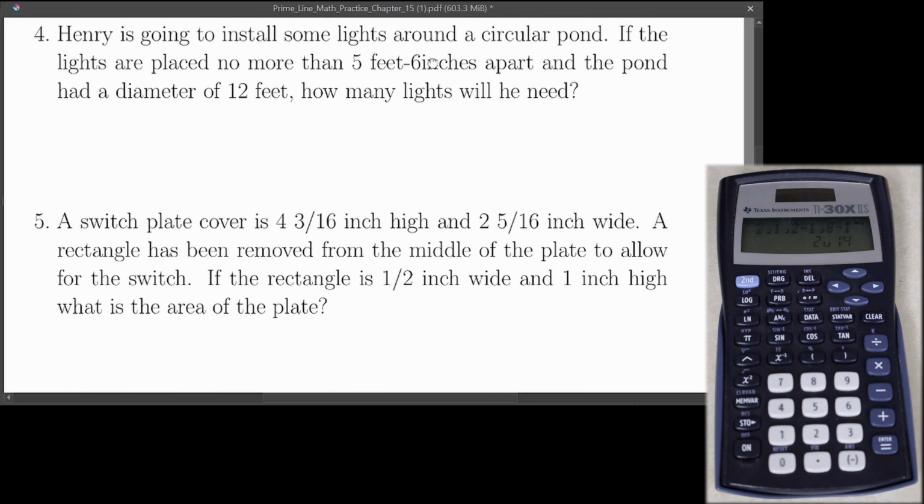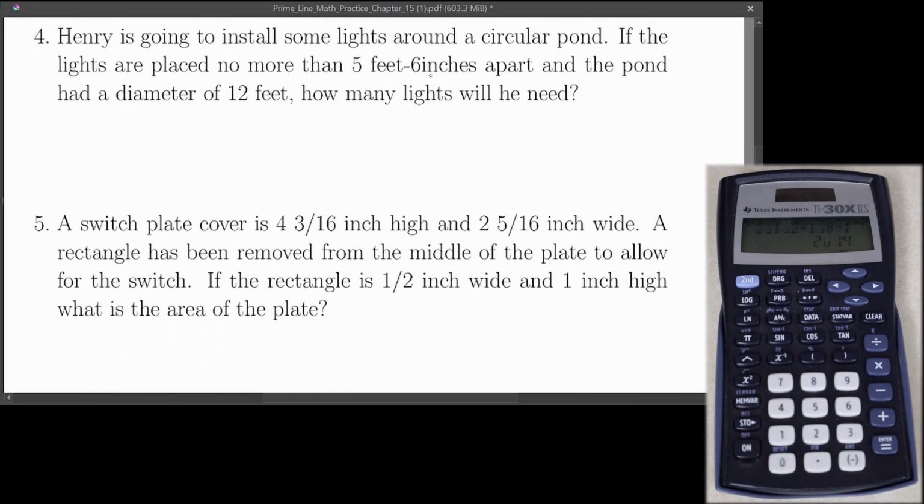Okay, we've got Henry. He is going to install some lights around a circular pond. So you've got your circular pond, you've got your lights, and you're installing them, and we're calculating our spaces around there, that can't be any more than 5 feet 6 inches apart.